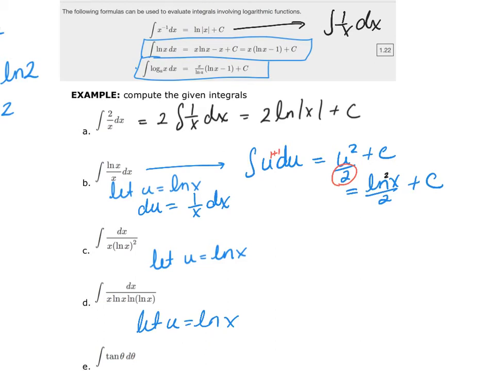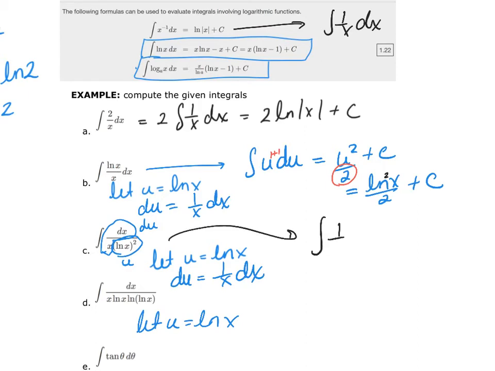Now on C, when we do the natural log, let u equal the natural log of x, then du is going to be 1 over x dx. So this part gets replaced with du, and this part gets replaced with u. And so this ends up being the integral of 1 over u squared du. And then this becomes the integral of u raised to the negative 2 du.